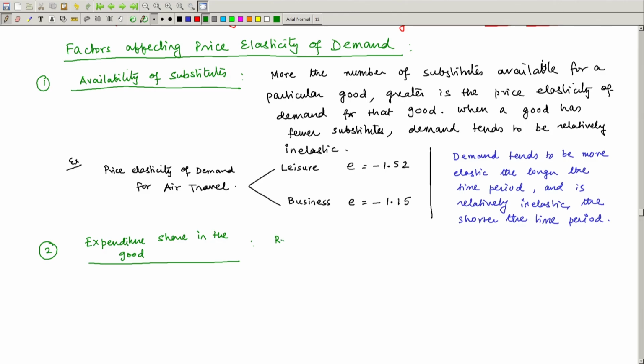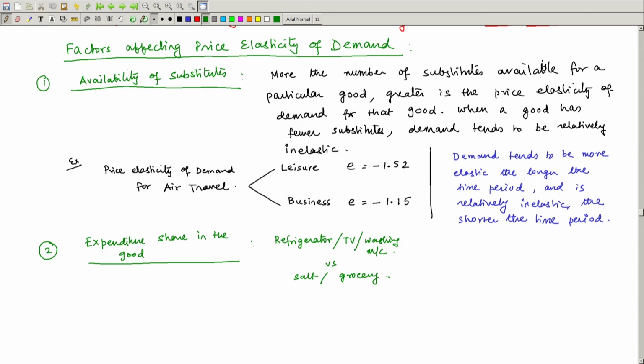Let us say you are buying a refrigerator or a television or let us say a washing machine, right. So, suppose you are buying these goods, versus let us say buying a packet of salt or some grocery items.